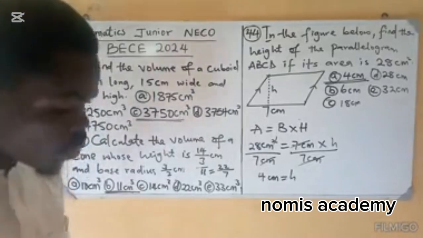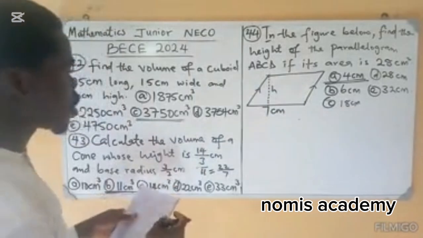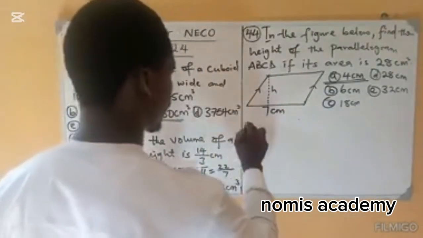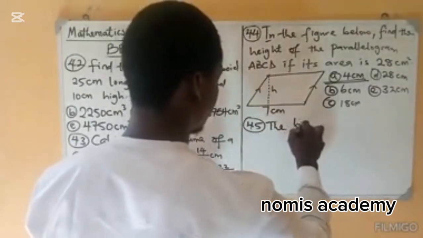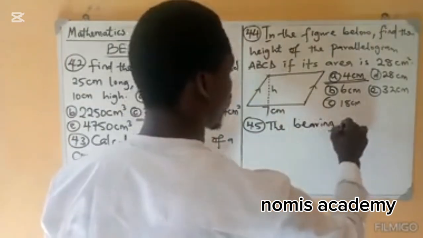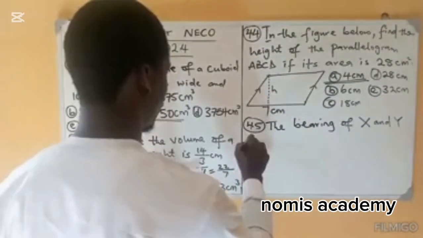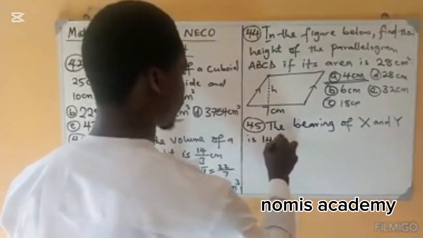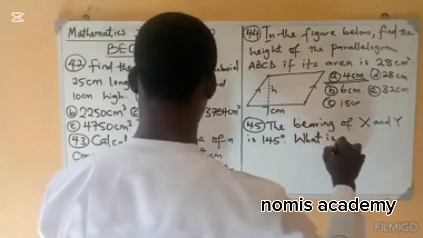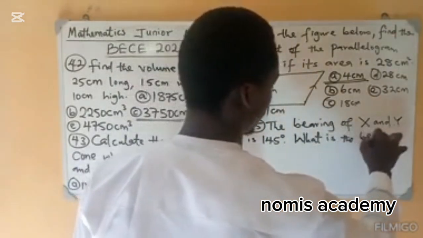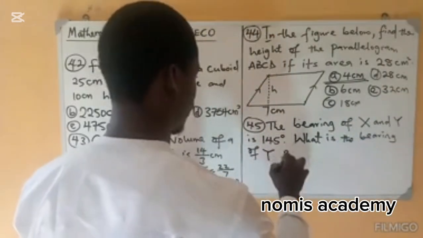Okay, let's pick another question. Question number 45. It says, the bearing of X and Y is 145 degrees. What is the bearing of Y from X?